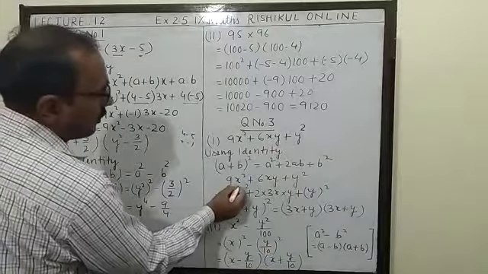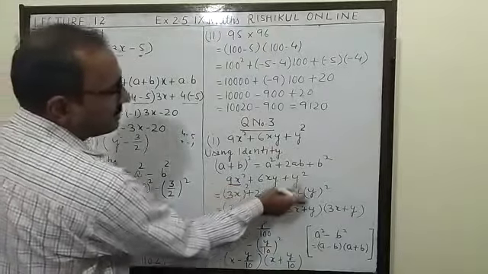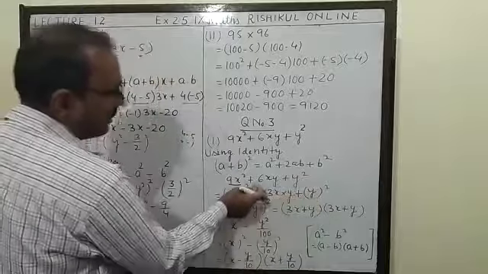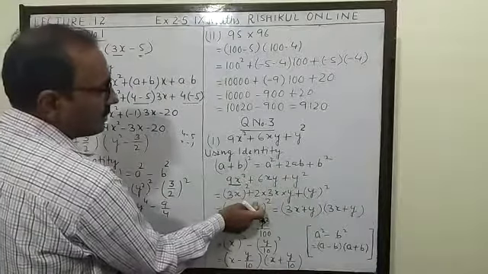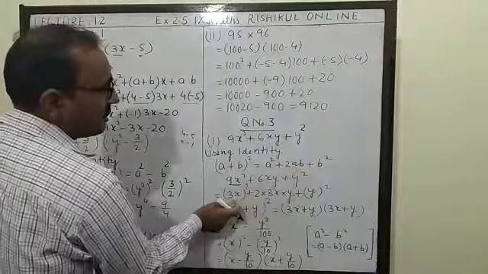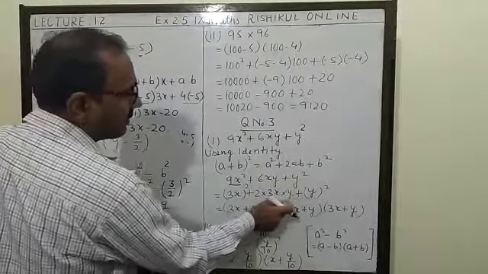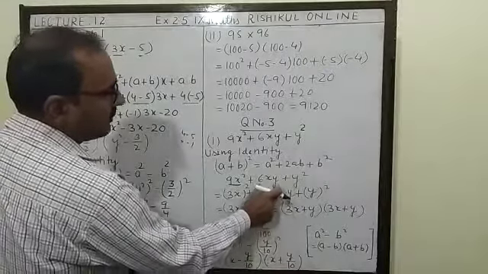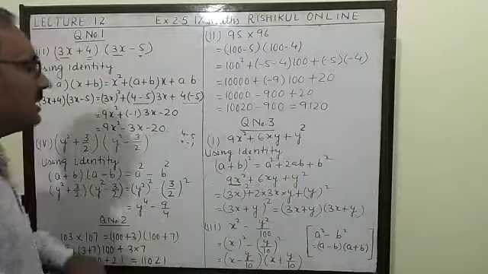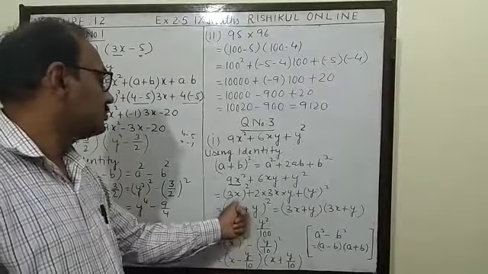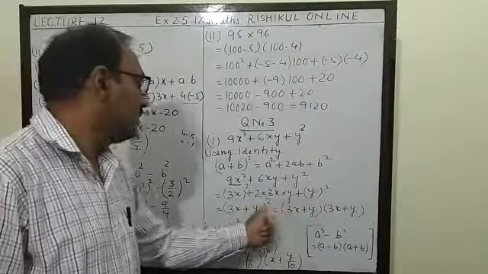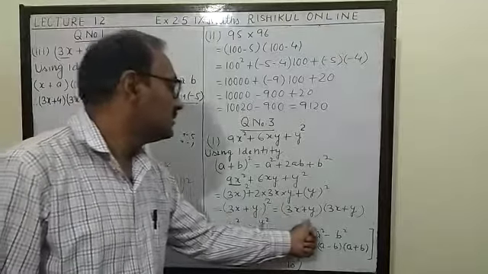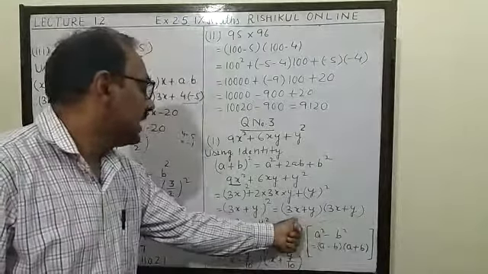This is the whole square of 3x, this is the whole square of y, and here is 2 times, in place of a 3x, in place of b y, so you multiply together, you will get this. So this you can write (a + b) whole square, in place of a 3x, in place of b y, whole square, multiplied by 2 times.